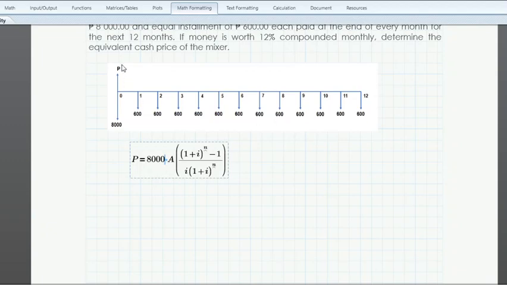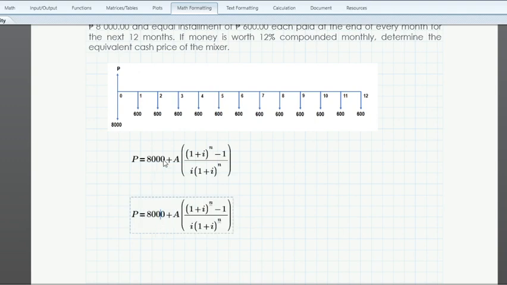Then, yung sa year 0, we have the 8,000 there, yung down payment sana. So, syempre, para makuha mo yung total amount ng present mo or ng P dito sa cash flow, isasama mo si 8,000. I-add mo syempre siya. Okay? So, i-add natin. We have 8,000 plus the annuity.